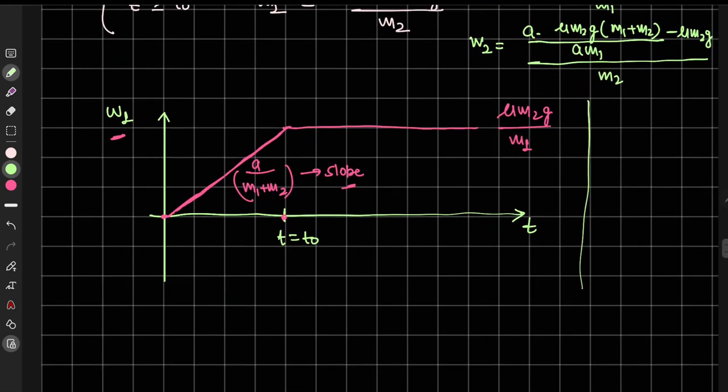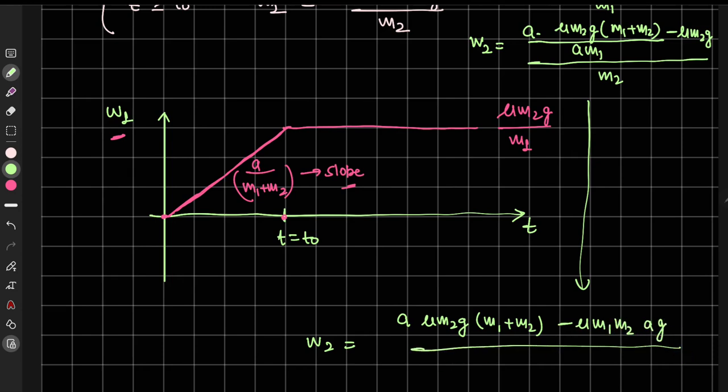So let us write it here. w2 we can write as a times mu m2g times m1 plus m2 minus mu m1 m2 ag, whole divided by a times m1 m2.